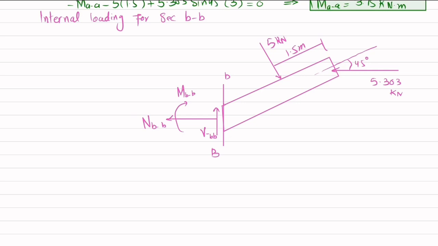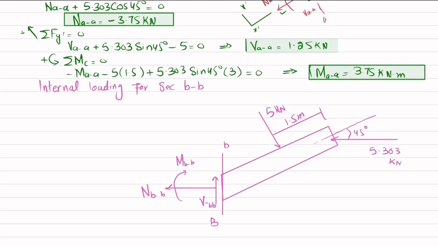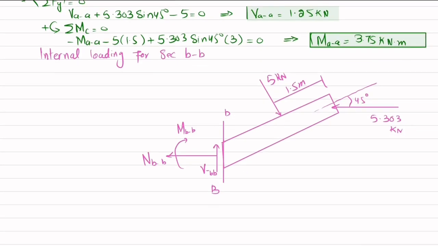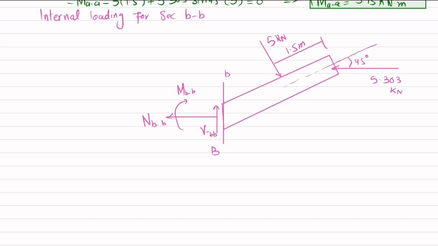We'll find these by using the equation of equilibrium. You can see that this BB is vertical and it's making an angle of 45 degree. Also this is 45 degree. If this line is 45, then this angle is 45 degree. If I draw a horizontal line over here, this is 45 degree, this total is 90 degree, and the sum of this angle plus this must equal 180 degree, so this angle is also 45 degrees.